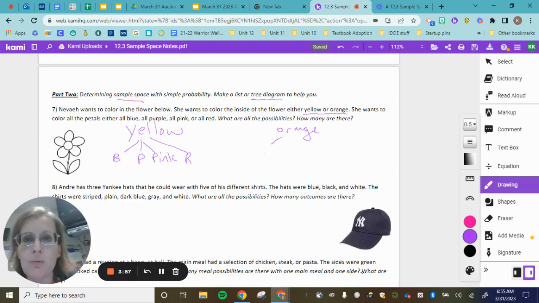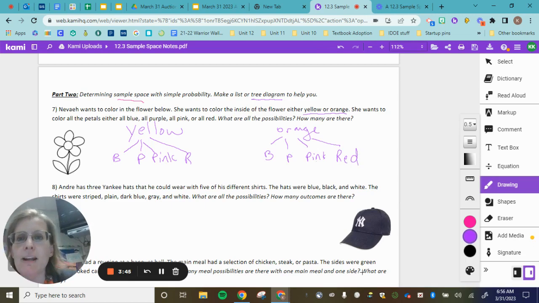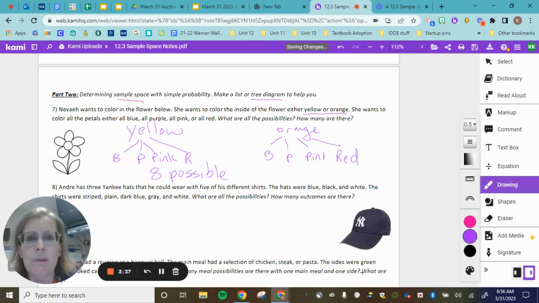It could be orange with blue, orange with purple, orange with pink, or orange with red. So there are 1, 2, 3, 4, 5, 6, 7, 8. There are 8 possible outcomes, 8 possible ways that she could color that. So there are 8 possible outcomes for that situation.